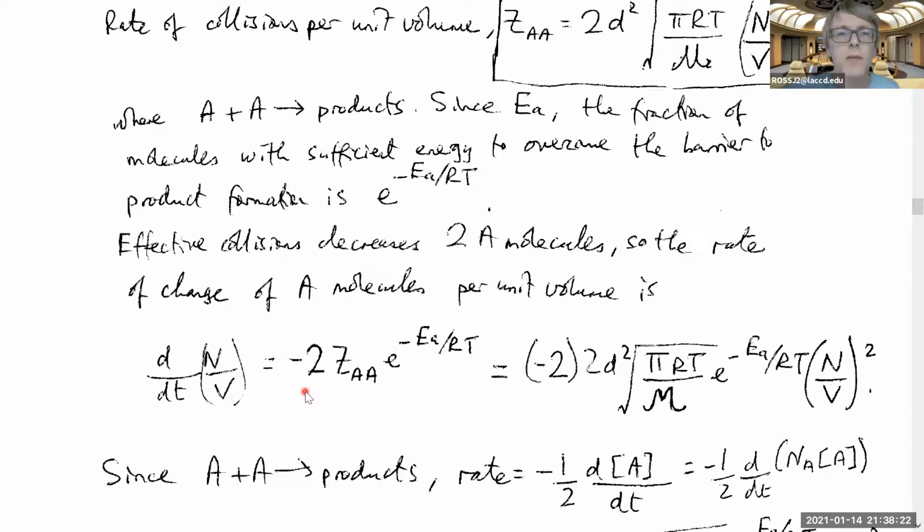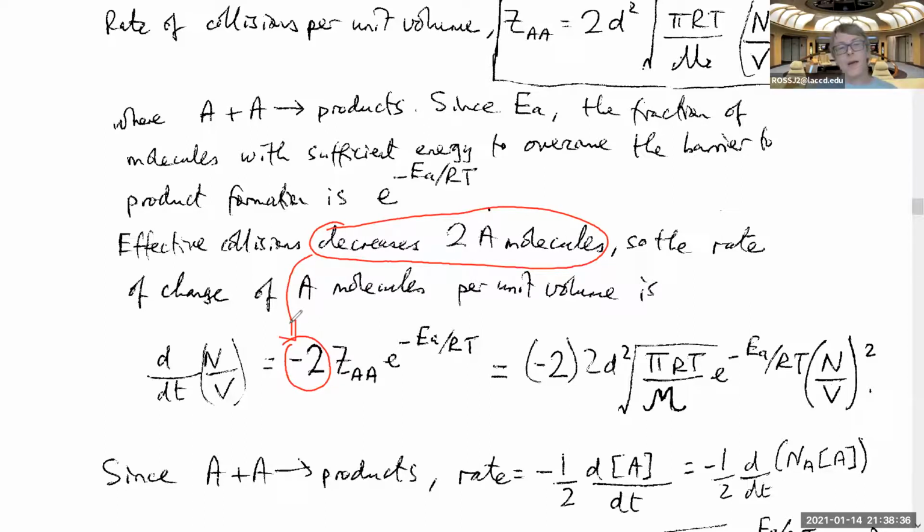So let me annotate this a little bit. This factor here is a decrease of 2 A molecules. That's why we have this loss of 2. And then everything else here is going to be the Arrhenius equation. So just to try and frame this to make it look a bit more like the Arrhenius equation.